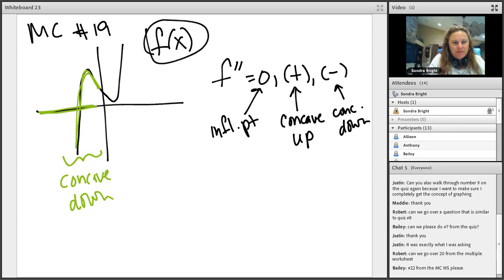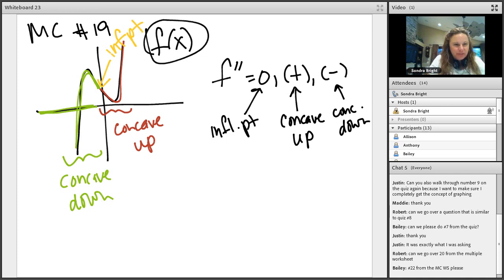And then it looks to me like it is concave up from here to here, which means that somewhere where it's changing is when it's equal to 0, because that's your inflection point.